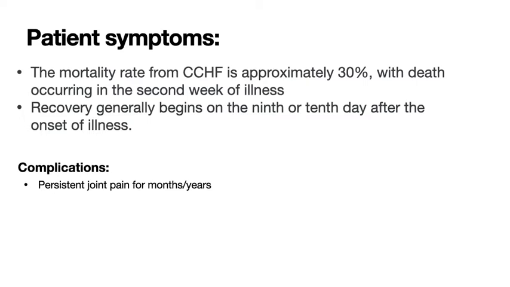In patients who recover, improvement generally begins on the 9th or 10th day after the onset of illness. We also see complications after the illness and recovery period, such as persistent joint pain, which can last for months and years.